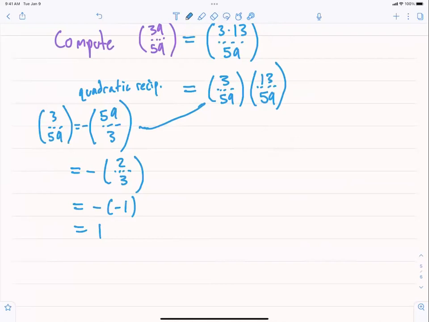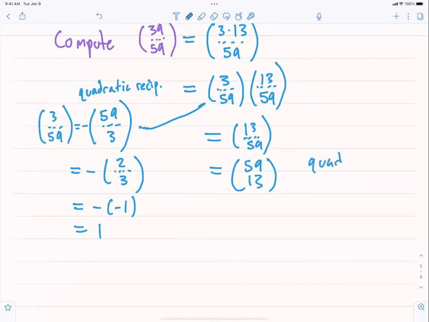If I plug that back in, I'm looking at the Legendre symbol of 13 over 59. This part is all that's left because the other became a 1. Let me do the same thing to compute that, using quadratic reciprocity. In this case, I don't get a negative sign because 13 is congruent to 1 mod 4.